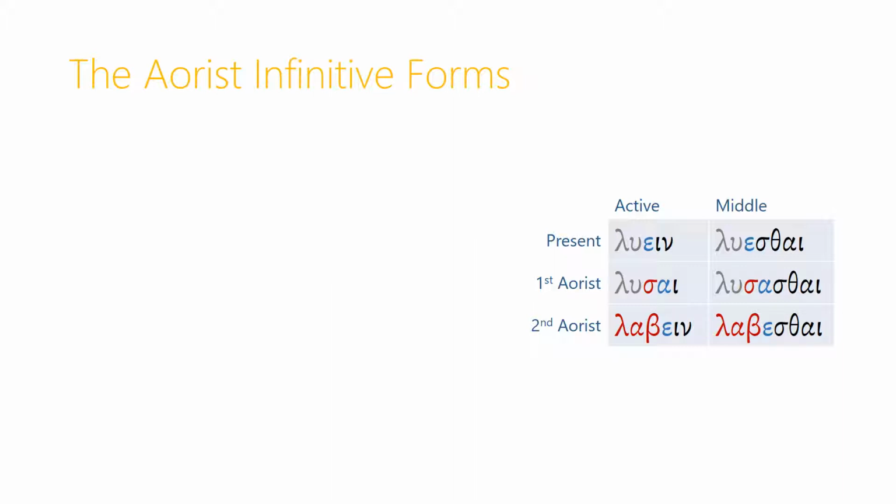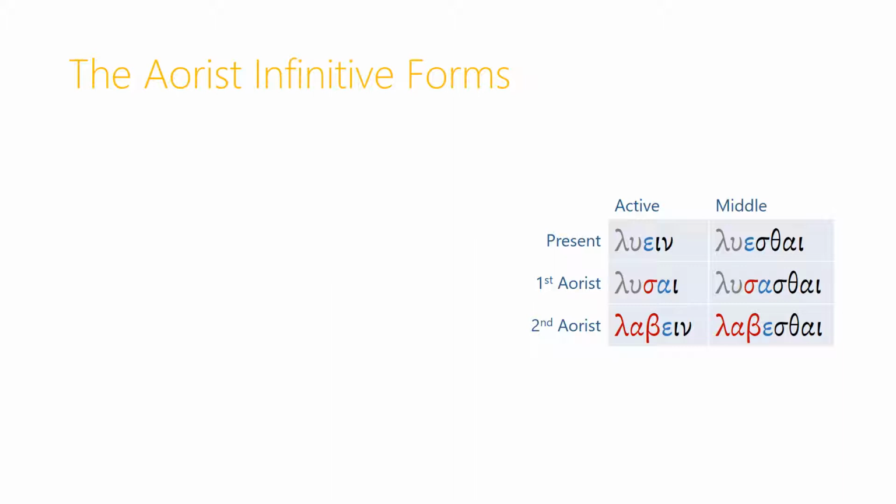In between those rows, we have the first aorist infinitives, and you can see there the typical features of the first aorist: the sigma tense marker, followed by an alpha connecting vowel. And so we might expect the first aorist active infinitive to be something like lusain, except that the first aorist active infinitive drops the nu on the end, and so the form is just lusai for luo.